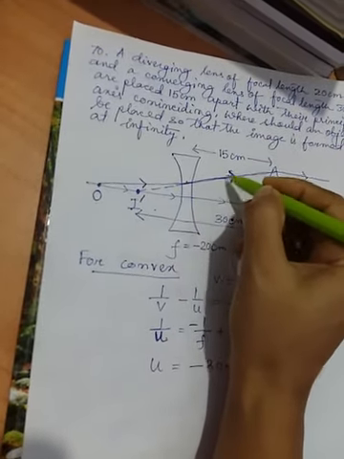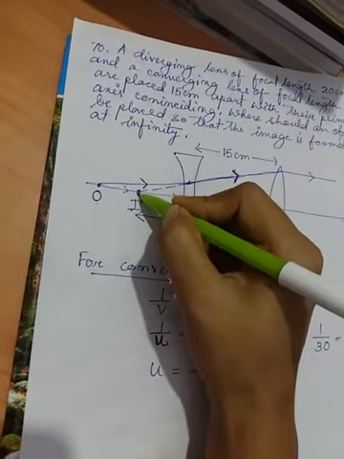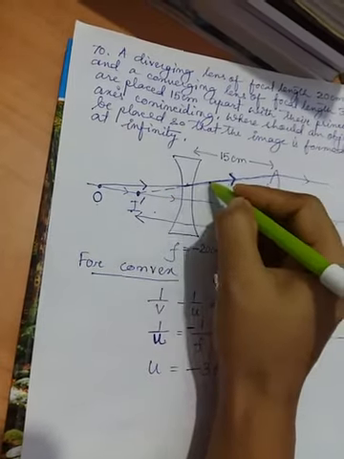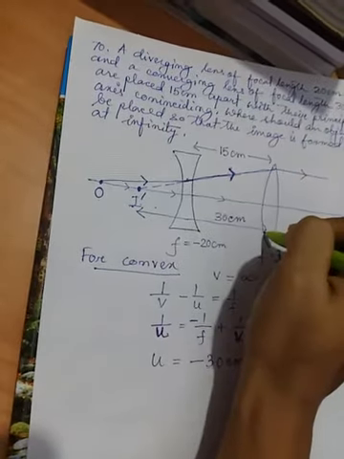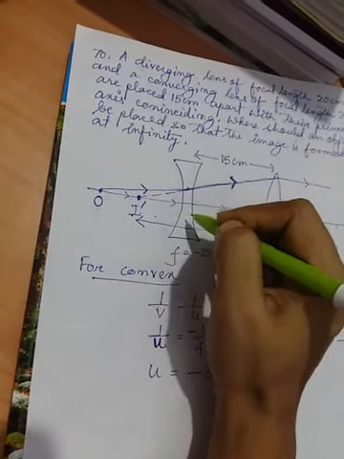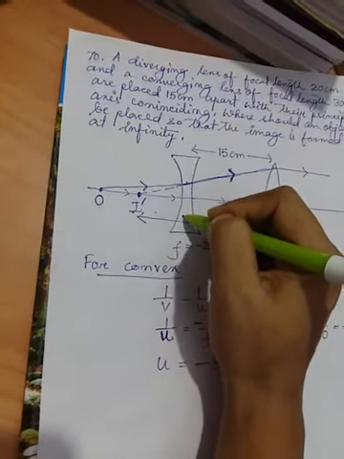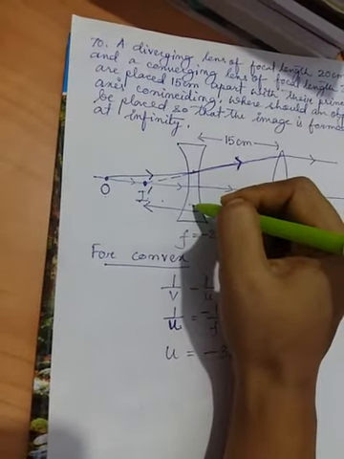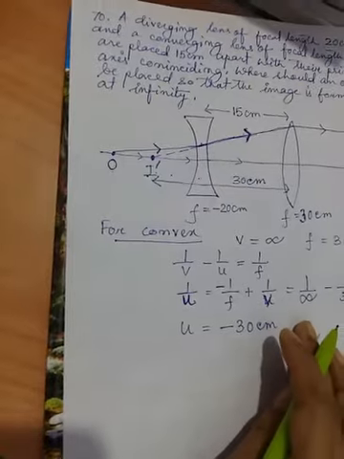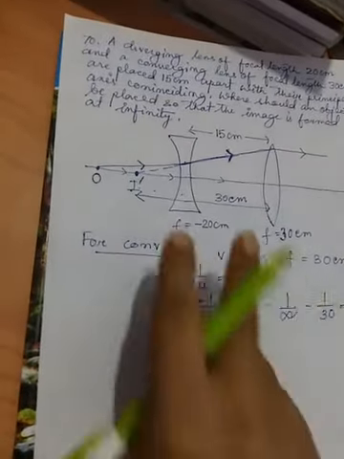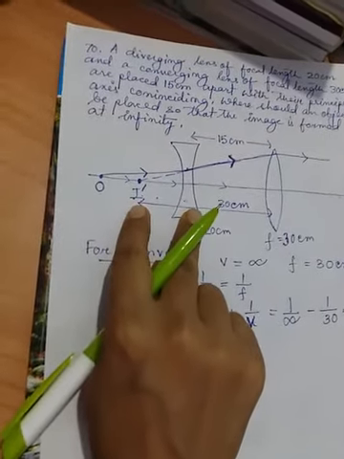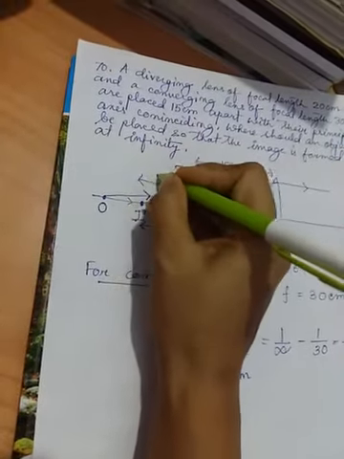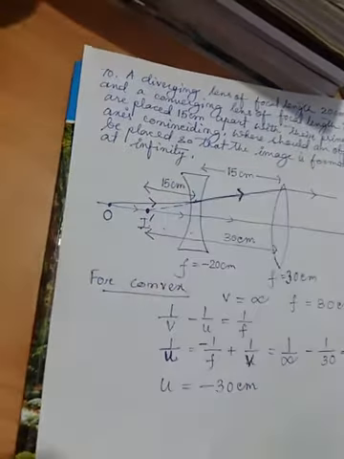These refracted rays coincide at this point if we produce them. So I dash is acting as the object for convex but the image for concave, and it is at a distance of 15 centimeter from the concave.